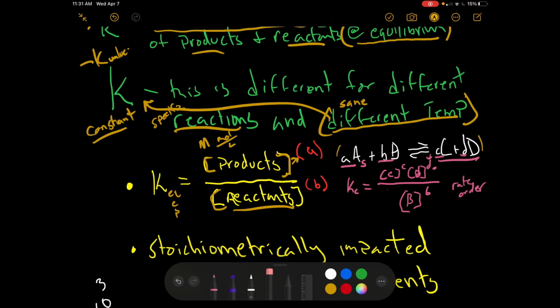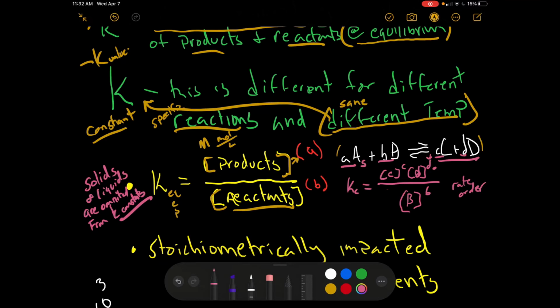Because solids and liquids are omitted from K constants, especially in equilibrium.